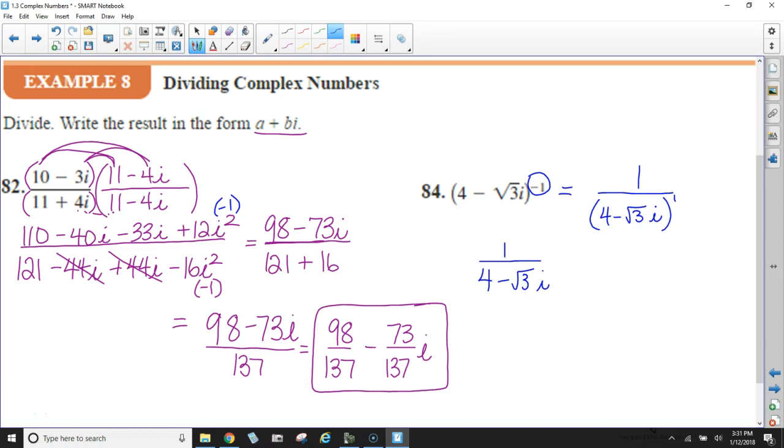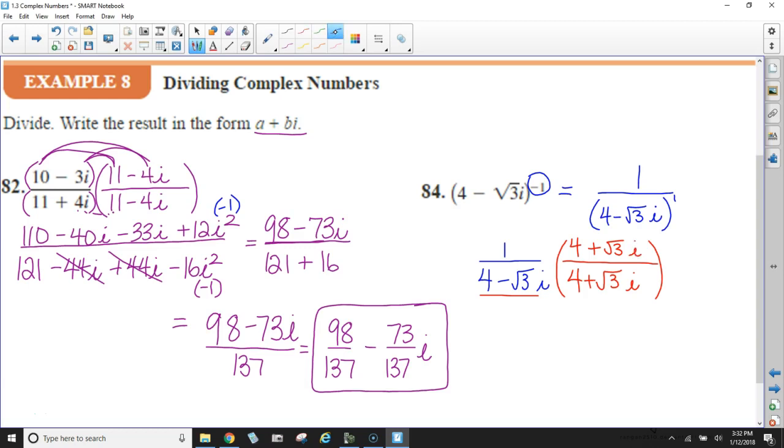Now we're ready to divide. And once again, to divide, we're going to multiply by a form of 1. And the form of 1 that we're going to use is going to be the denominator's conjugate. 4 minus the square root of 3i's conjugate is 4 plus the square root of 3 times i in the numerator and in the denominator.